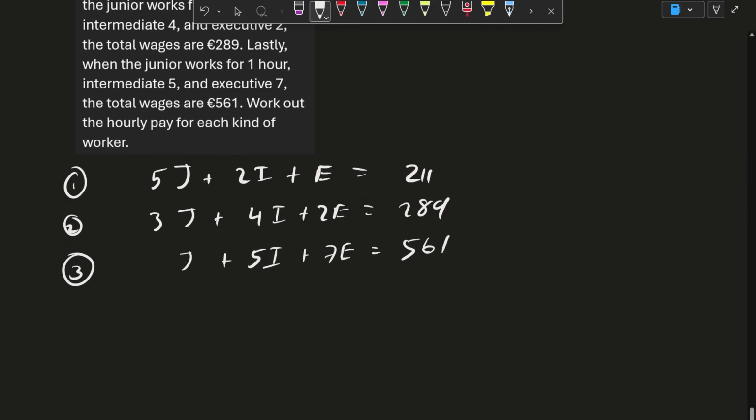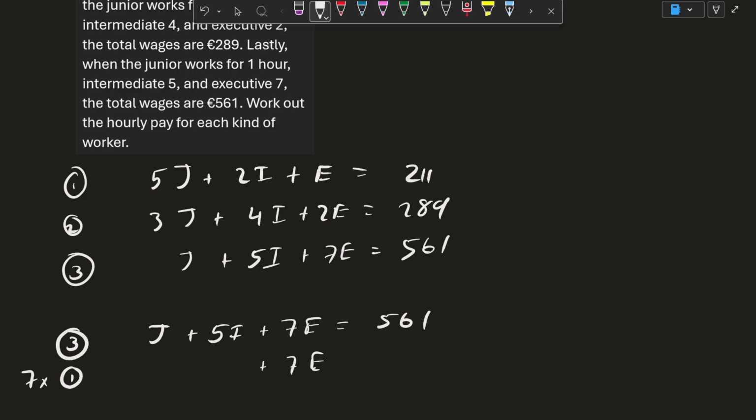So first thing we'll do is note that equation 3 has the highest coefficient, so I'm going to put that on top. So we'll have J plus 5I plus 7E equals 561. And we want a 7E up here, so that means we take equation 1 and multiply it by 7.